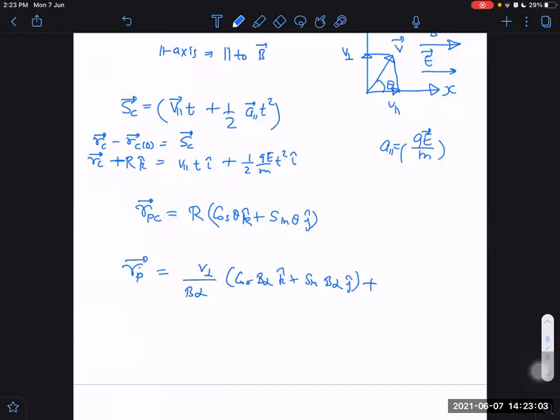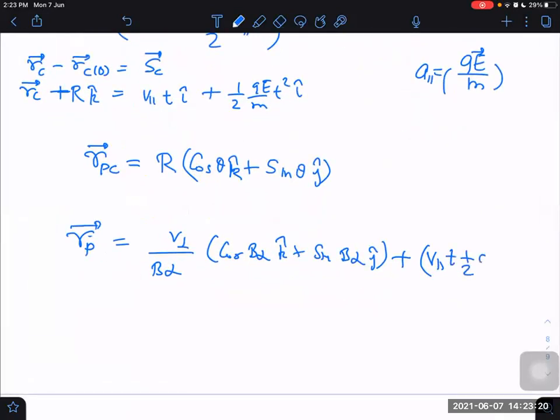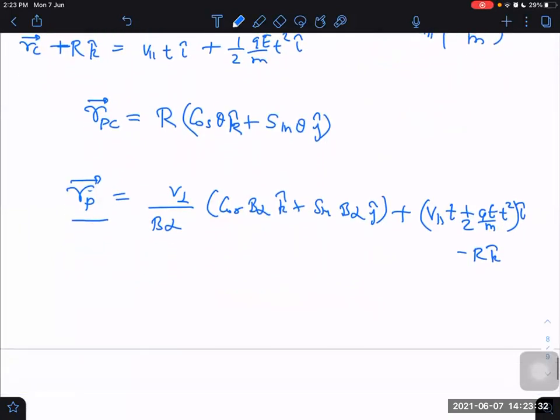And RC is V parallel plus half of QE by M, where M is the mass of the charged particle, into T, so V parallel into T plus half of QE by M into T square. Direction is along I cap and minus R into K cap. This is RP. Now we have to rearrange the terms and we get the answer.